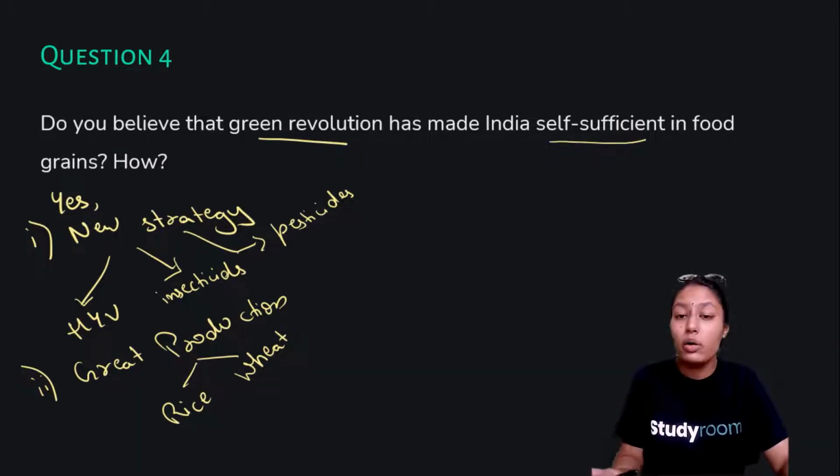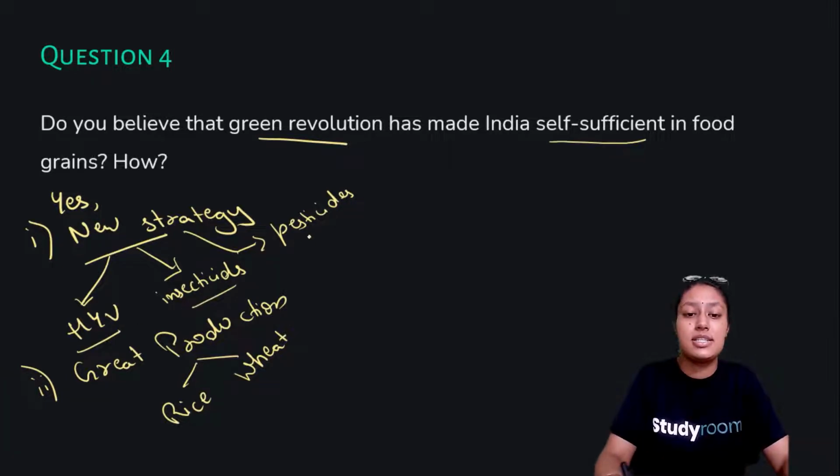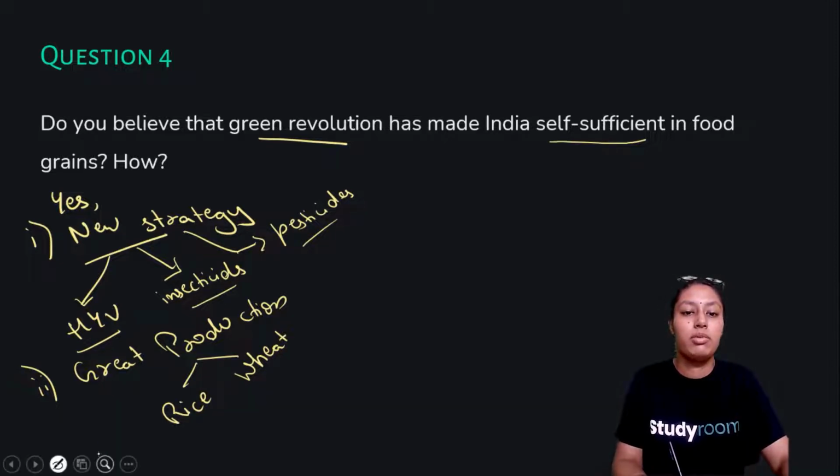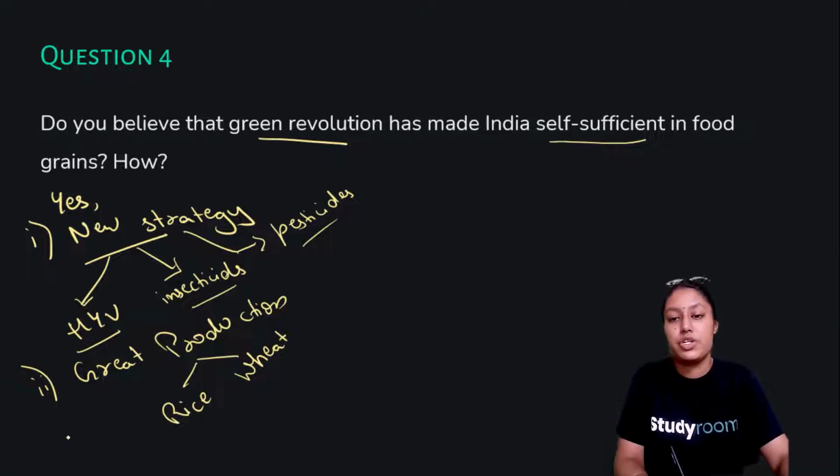So how did that happen? It was because of the new strategies that have been adopted, which include high yielding variety seeds, insecticides and pesticides, which has led to greater production of rice and wheat. So that's how India has become self-sufficient in terms of food grains.